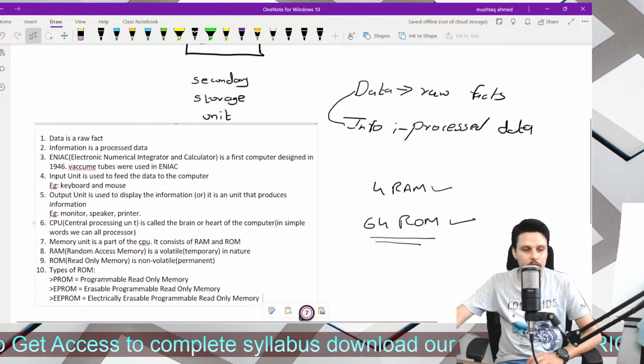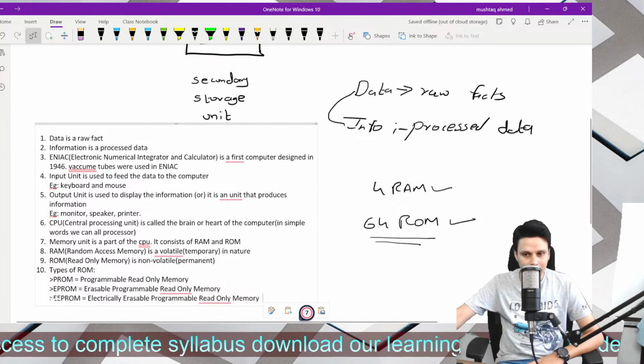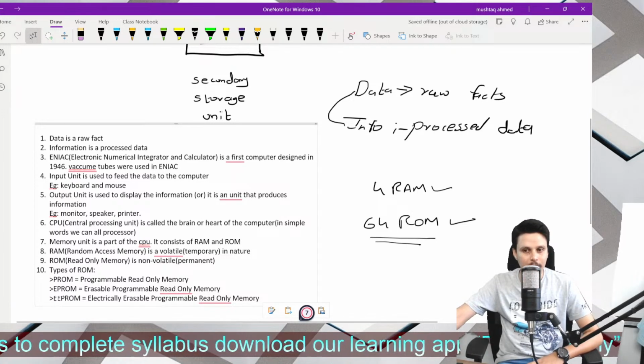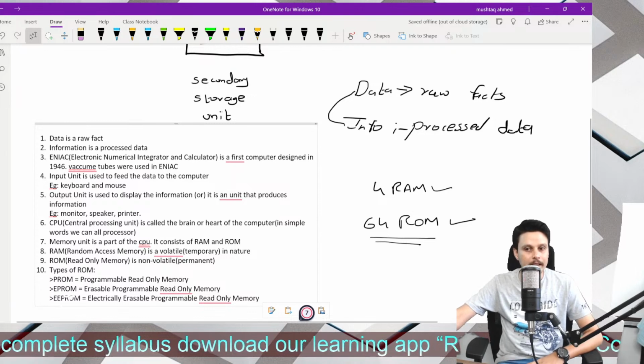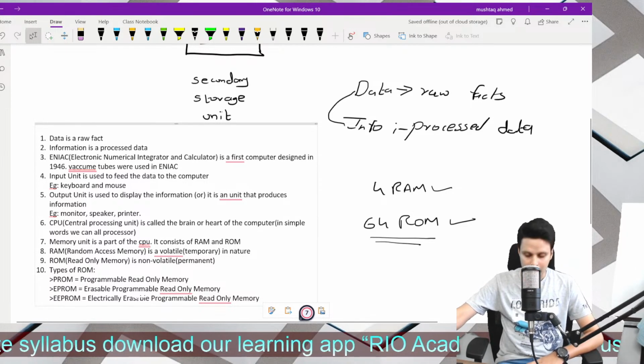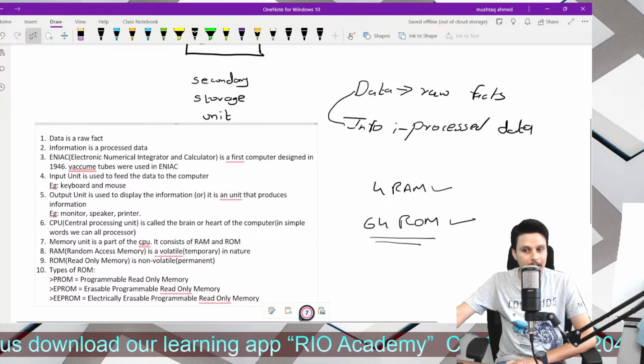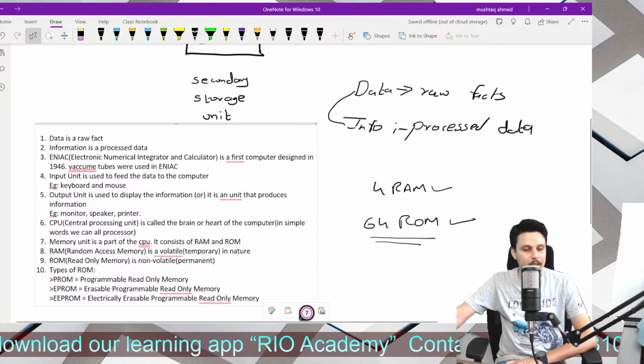You may get a question to expand EEPROM because many students don't know the full form of EE. Some might think it is electronically erasable programmable read only memory.